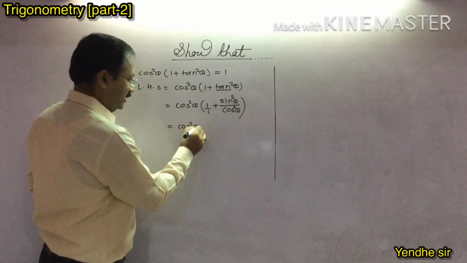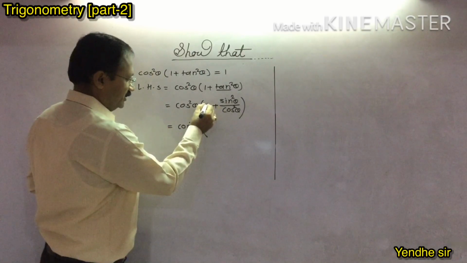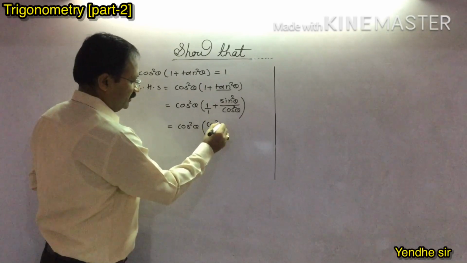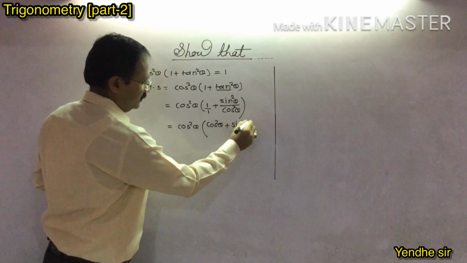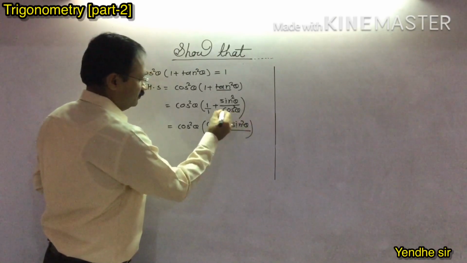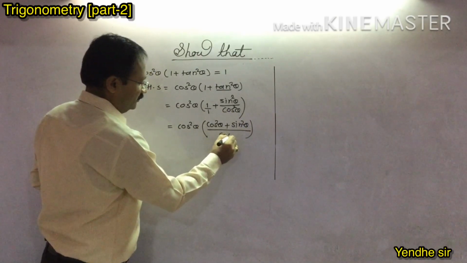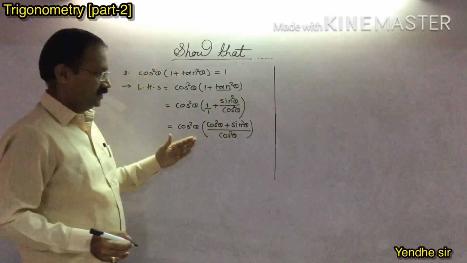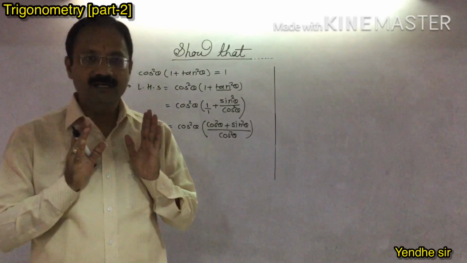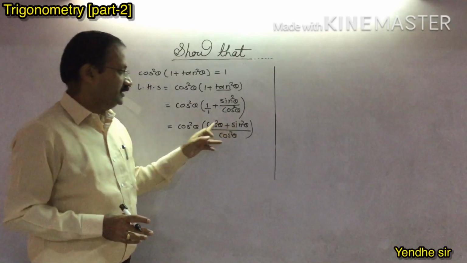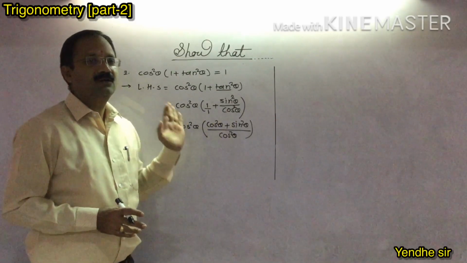Cos square theta in bracket, cos square theta into 1, cos square theta, plus 1 into sin square theta, sin square theta, upon cos square theta into 1 is cos square theta. Then rule number 4, take a common. Nothing is common here.